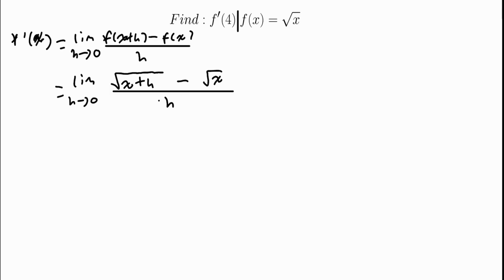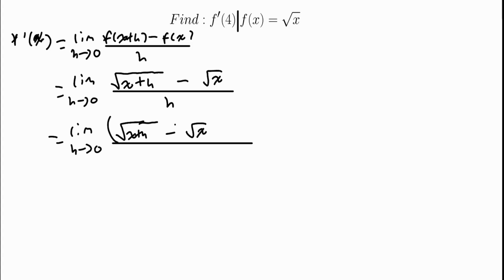And so it's a good idea to multiply the top and the bottom by the conjugate of the numerator. And so the conjugate of the numerator is going to be the square root of x plus h minus the square root of x, and we're going to multiply it by the square root of x plus h plus the square root of x.